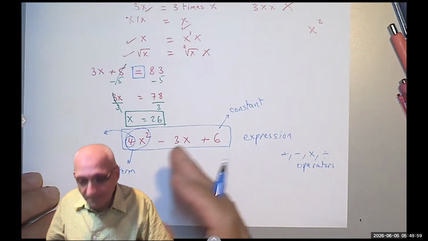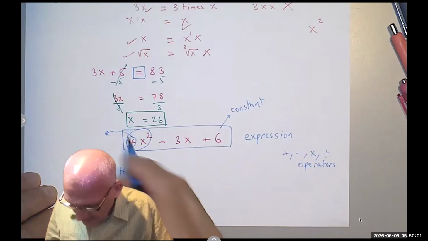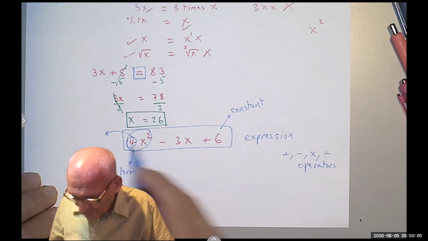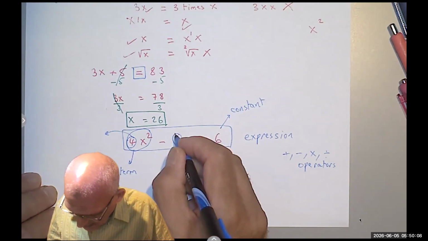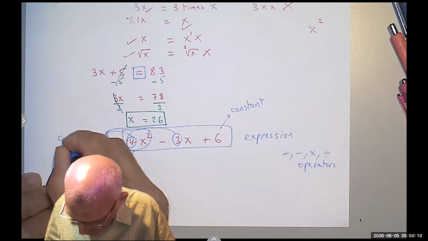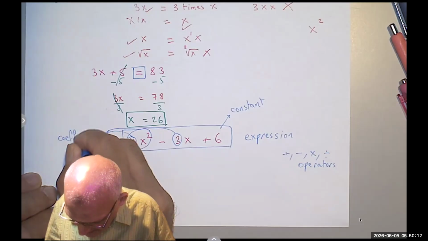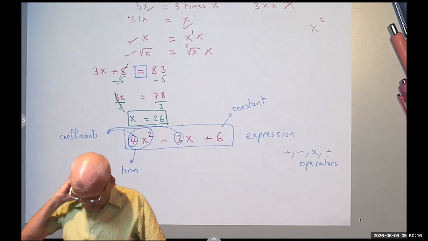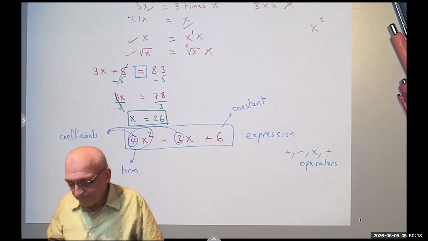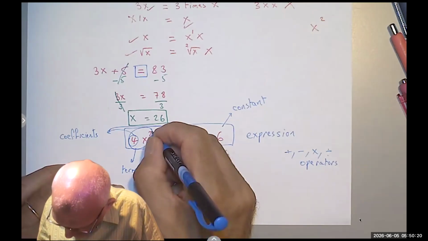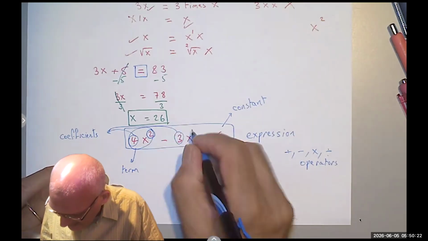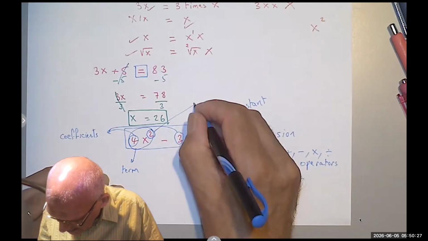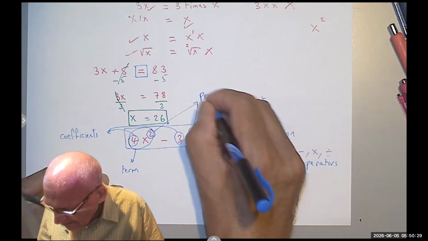Anything that you multiply, a number being multiplied, not added or subtracted, like the 4 and the 3, these are called coefficients. The 2 and the hidden 1 here, that is called a power.